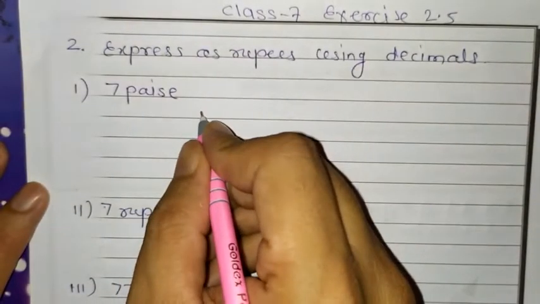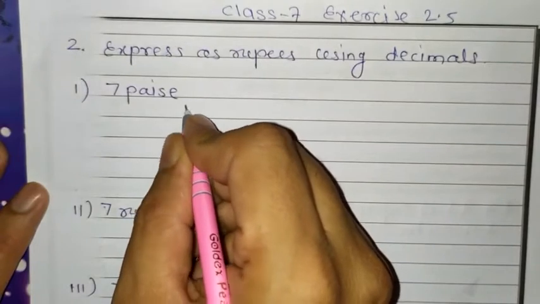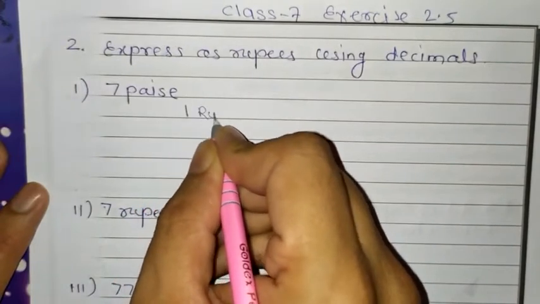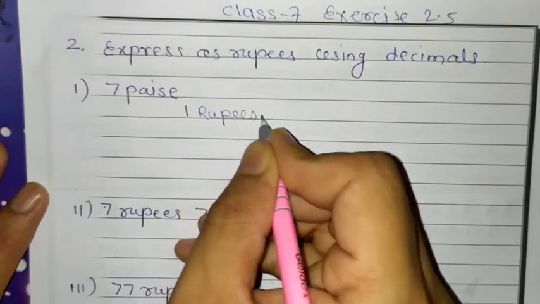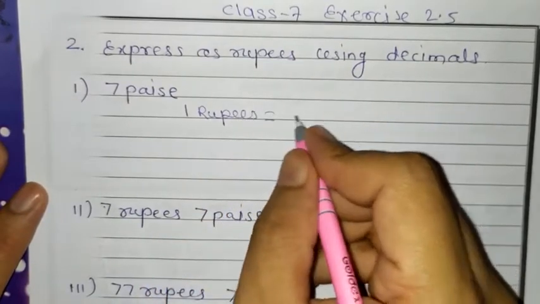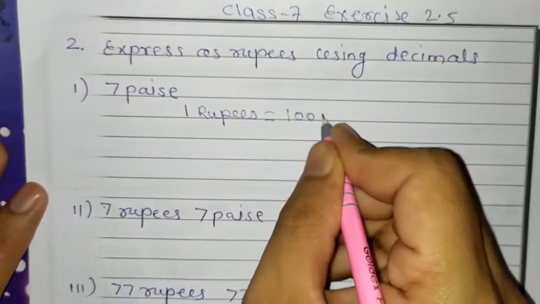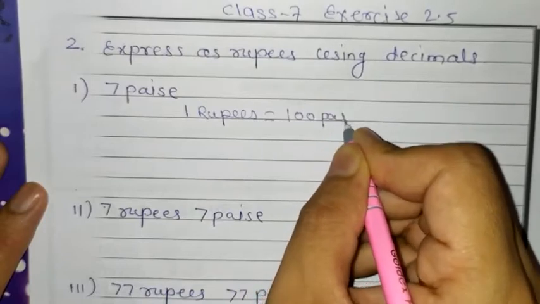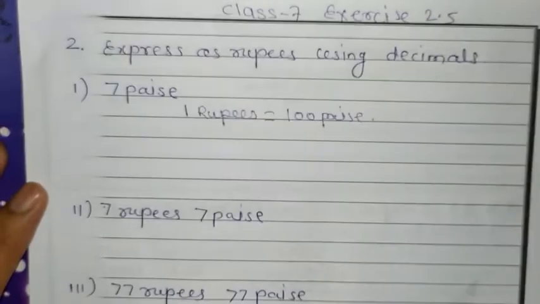So here one thing is clear, you have to know 1 rupee equals how many paise. It is 100 paise. 1 rupee is 100 paise.